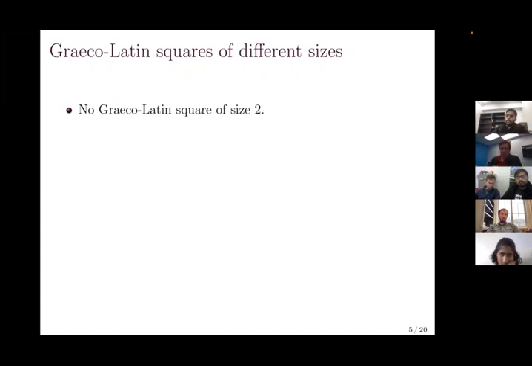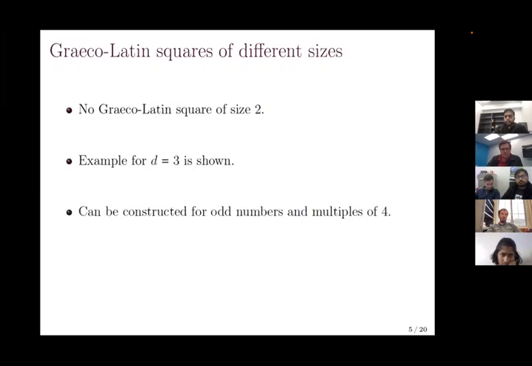You cannot generate a 2x2 Greco-Latin square because you cannot arrange 1, 2, 2, 1 and 1, 2, 2, 1 without repeating pairs. An example for d equals 3 is already shown in the previous slide, and examples can be constructed for odd sizes and when the size is a multiple of 4. This leaves a very particular number out, which is d equals 6. So what happens for the case of d equals 6?